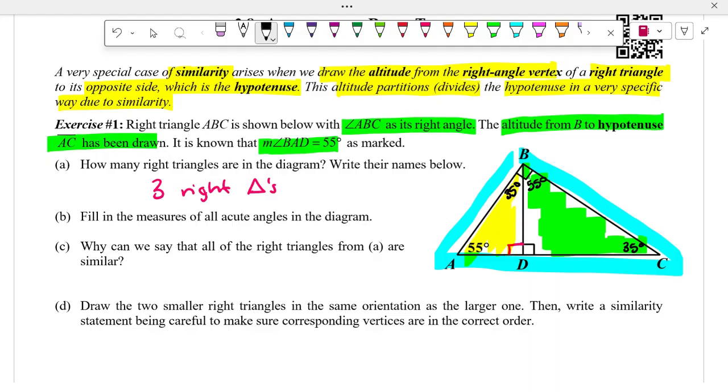So why can we say that all right triangles are similar? Because of angle. Or angle, however you want to state it.